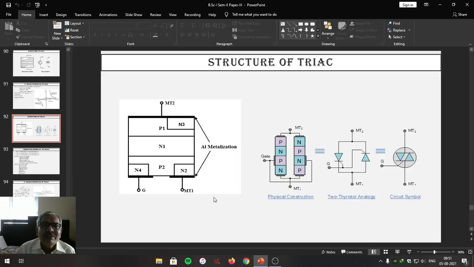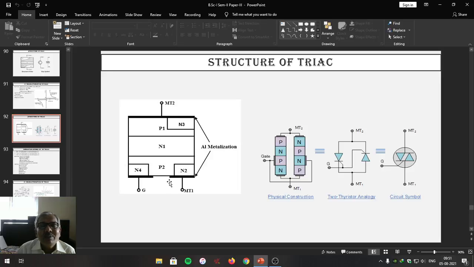Friends, this TRIAC, if you look from the point of view of regions, we can say it is like P2, N1, P1, N3. These are the four regions, as it is a bidirectional device again. And another one is P1, N1, P2, N2, the four regions. In one case, from bottom to top, P2, N1, P1, N3. Another is P1, N1, P2, N2.